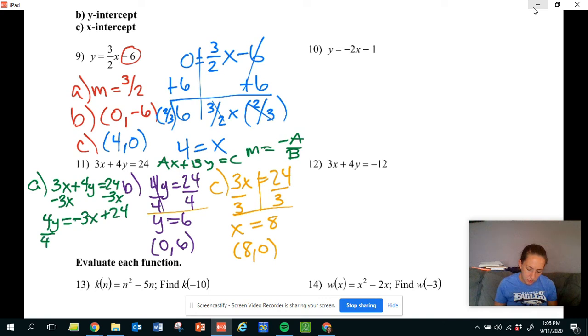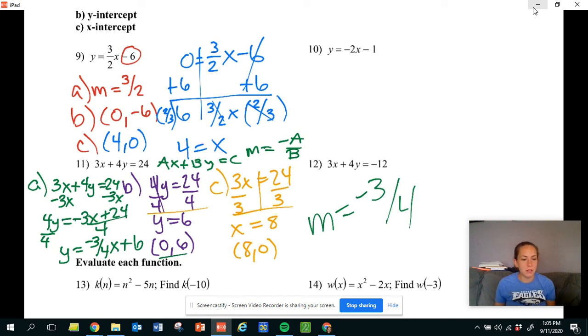Divide everything by 4, and you get y equals negative 3/4 x plus 6. See, look, there's our y-intercept. So my slope, or m, equals negative 3/4. Either way, you would have gotten the same thing.